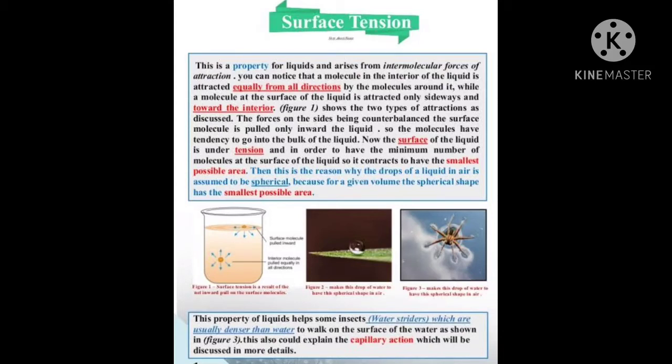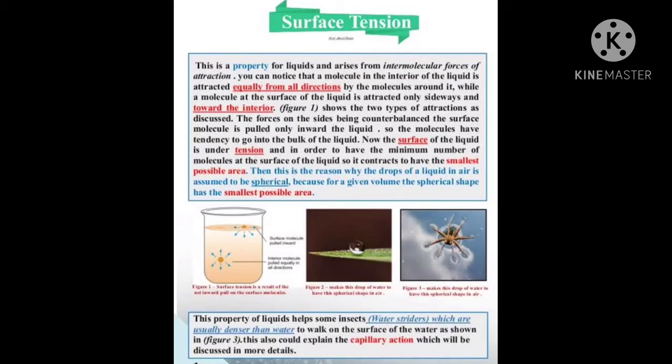While on the other hand, you can see some of the insects which float on the surface of liquid and even walk. This is also due to the surface tension.